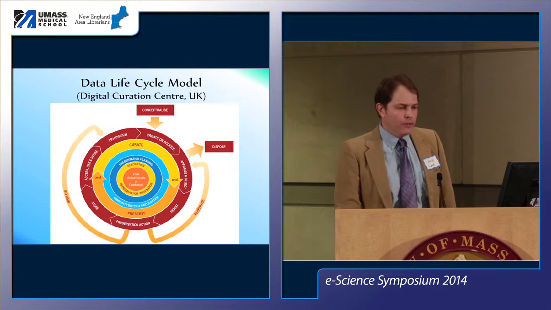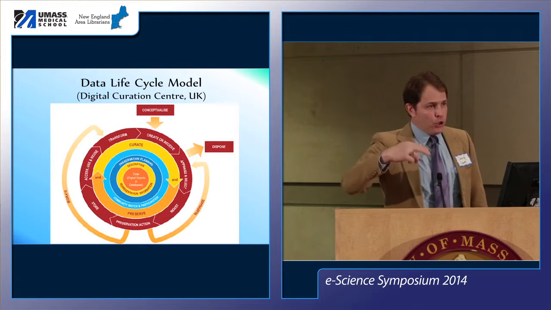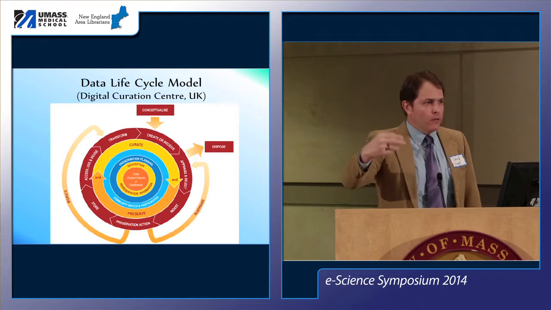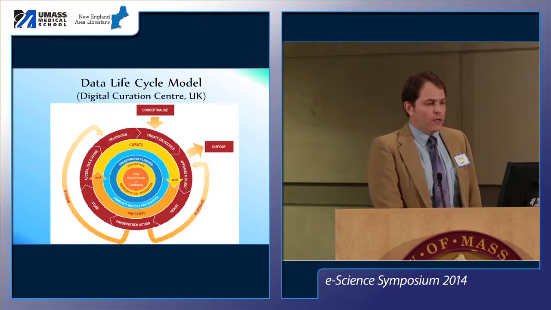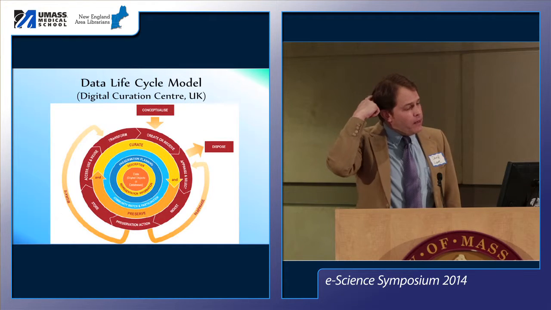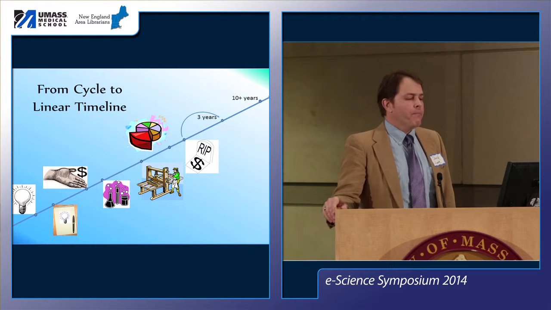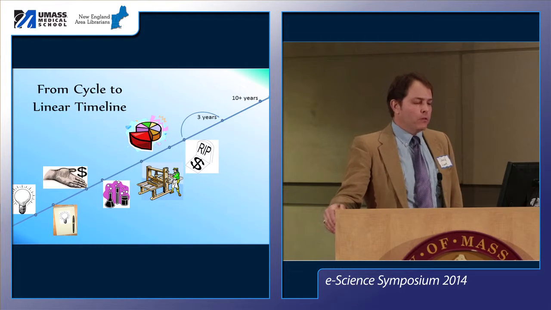Now, if you were to take this model and sort of turn it on its axis 90 degrees and make a treadmill out of it, okay, we're going to walk this treadmill, and we're going to see what the PI sees, starting at creating. Well, a grant project starts with an idea, right, at lower left. And they write the idea down in a proposal.